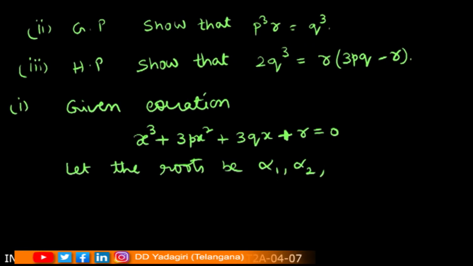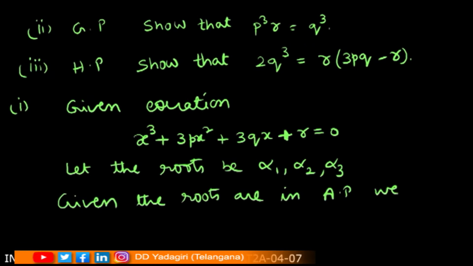Given the roots are in AP, we have 2 alpha 2 is equal to alpha 1 plus alpha 3. Because the roots are in AP, 2 alpha 2 is equal to alpha 1 plus alpha 3. We take alpha 1, alpha 2, alpha 3 to avoid confusing gamma and r.